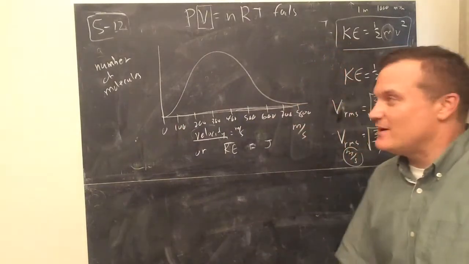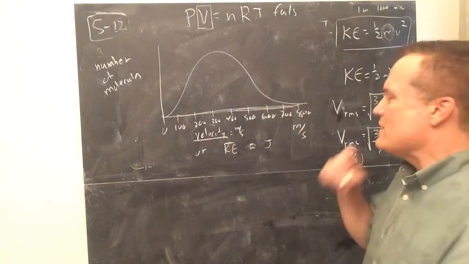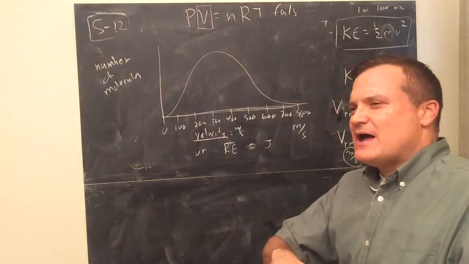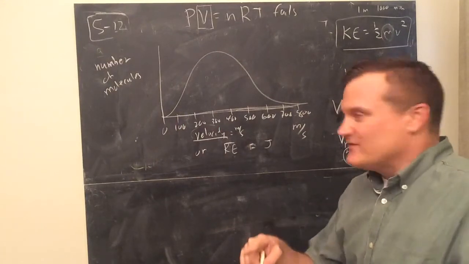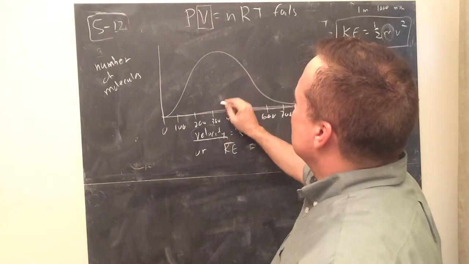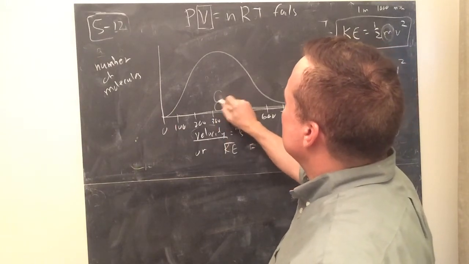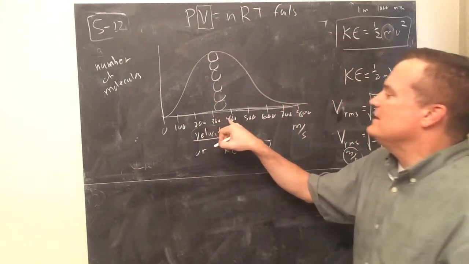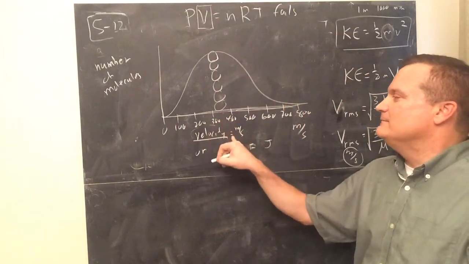Really fast moving molecules. Okay, now what I'm going to do is, what it means is this. This is like a bar graph. And what it means is, right here, let's just say that you have about six molecules moving at about 350 meters per second.